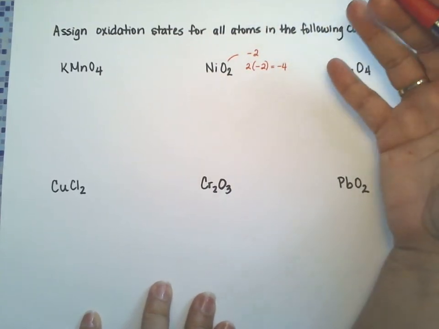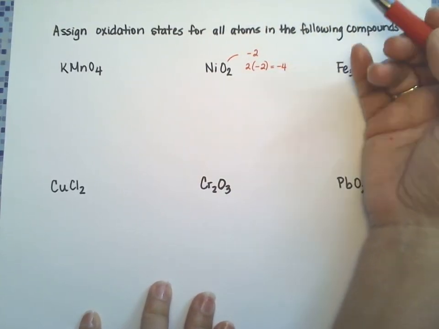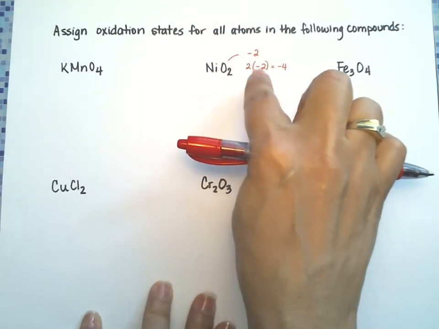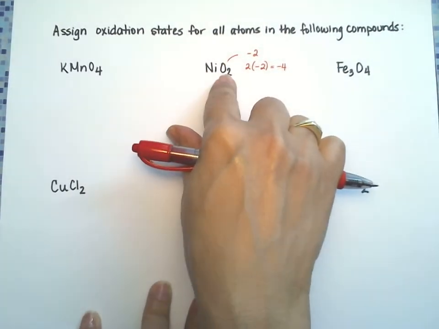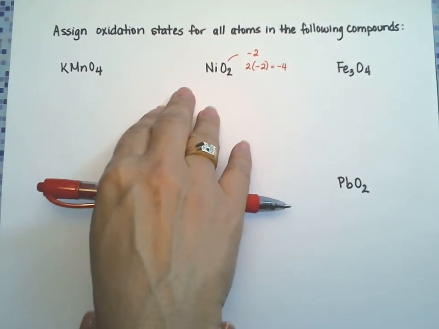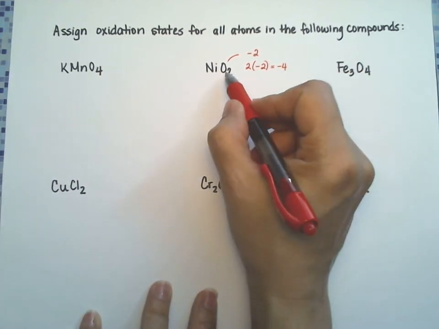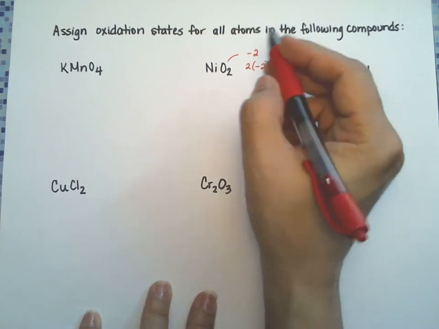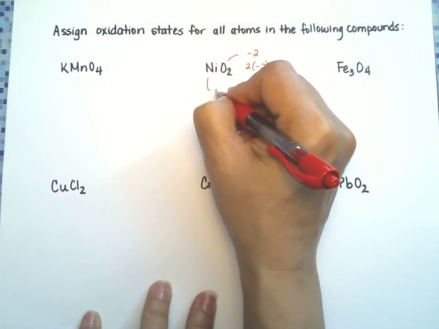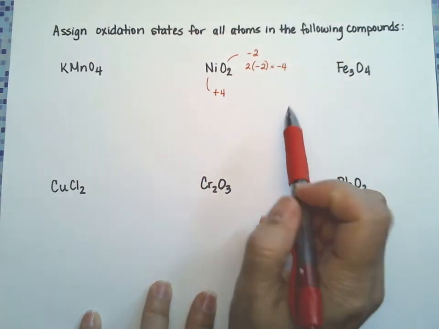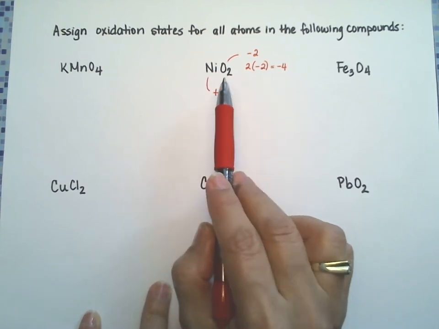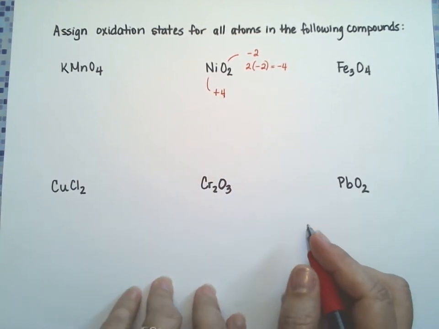Nickel is a metal, so nickel is going to have the positive charge. And the compound doesn't actually have a charge. They give it to us neutral. So the positives of the nickel are going to completely neutralize the negatives of the oxygens. So if the oxygens are -4, your nickel has to be a +4. So the oxidation state for the nickel is a +4 in this compound.